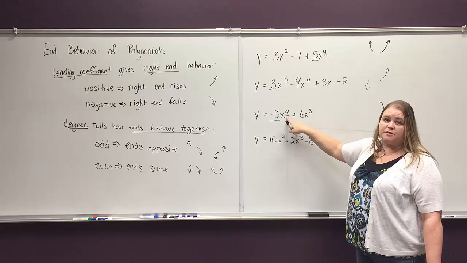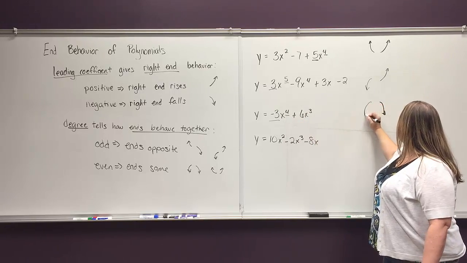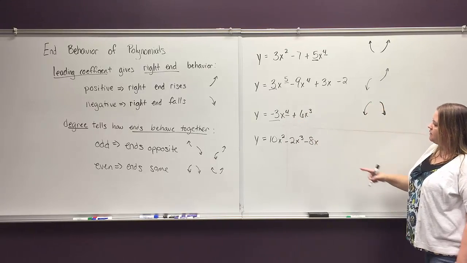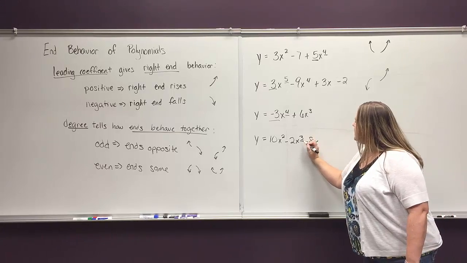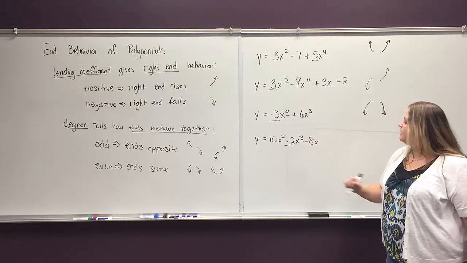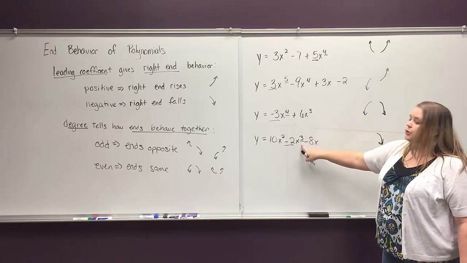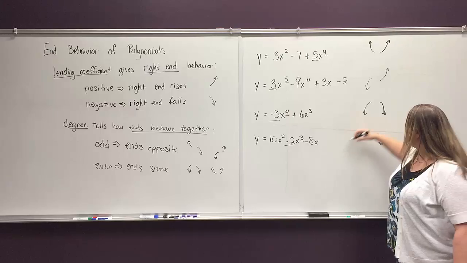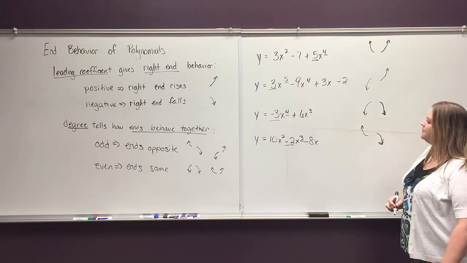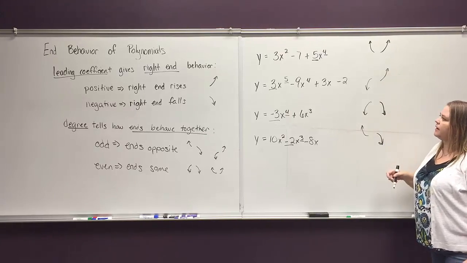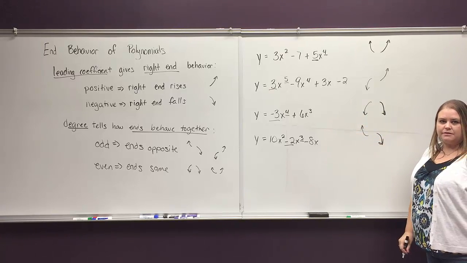Degree being even tells me my left end has to do the same thing. And on the last one, I have a degree of 3, a leading coefficient of negative 2. Again, leading coefficient being negative tells me my right end must fall. Degree being odd tells me the left end must do the opposite, so it must rise. And we get the end behavior diagram for these 4 polynomials.